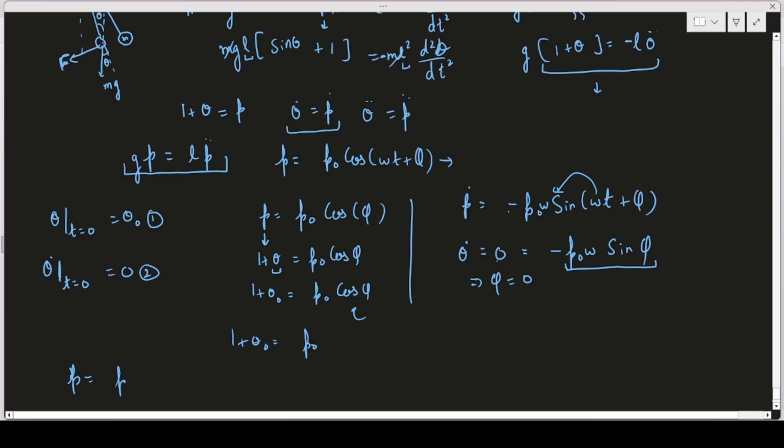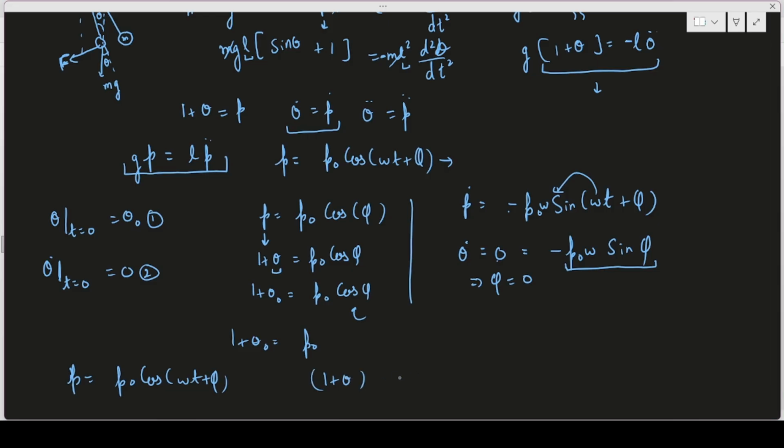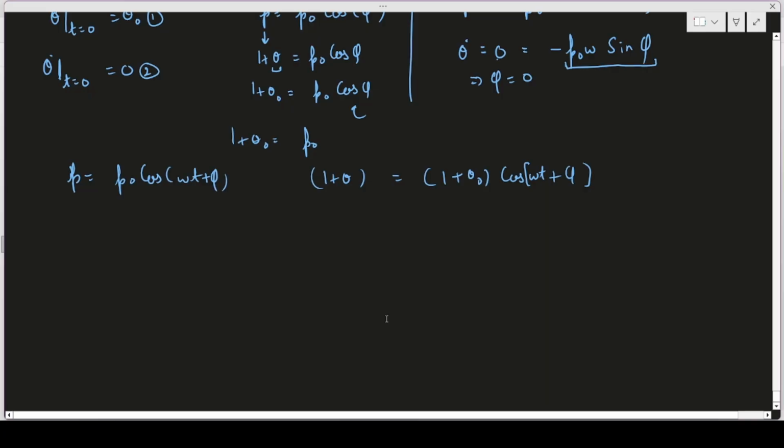So p equal to p naught cos of omega t plus phi. p was equal to 1 plus theta, and p naught comes to be equal to 1 plus theta naught, into cos of omega t plus phi. Now what do we have to find?